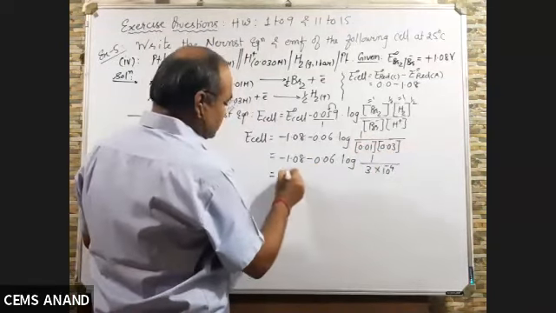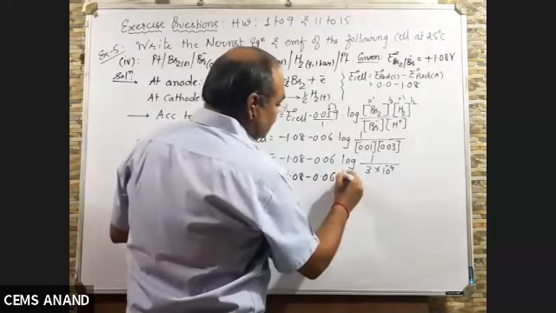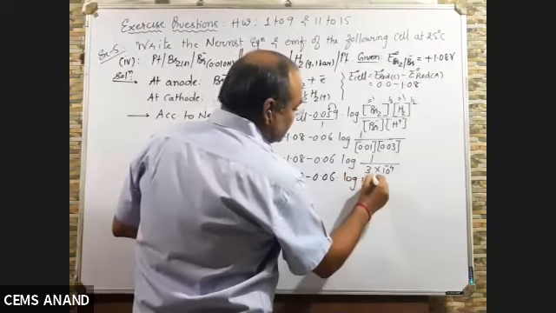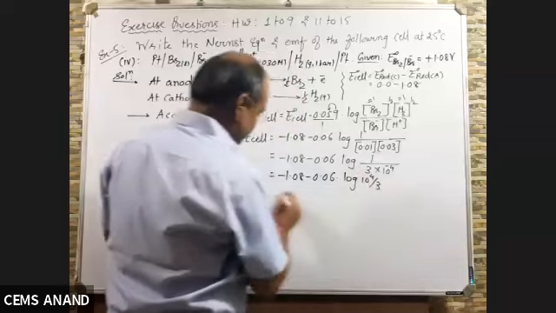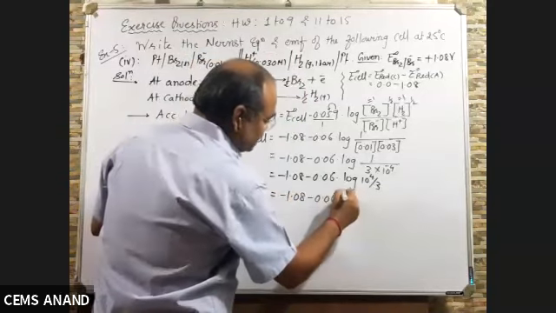So your answer will be minus 1.08 minus 0.06 into, can I write like this? Log of 10 raised to 4 divided by 3. Minus 1.08 minus 0.06 into bracket.